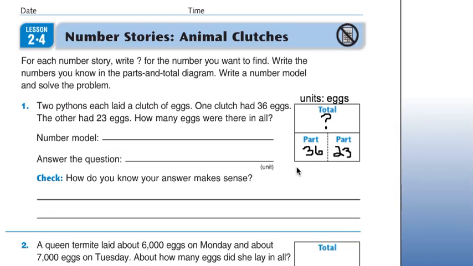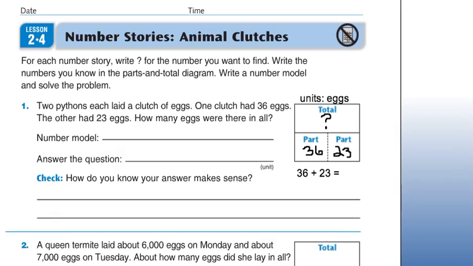So I'm just going to write down here, this is going to be showing you my work. 36 plus 23 is going to equal... okay, and this part is kind of up to you. How do you want to show me what 36 plus 23 is?